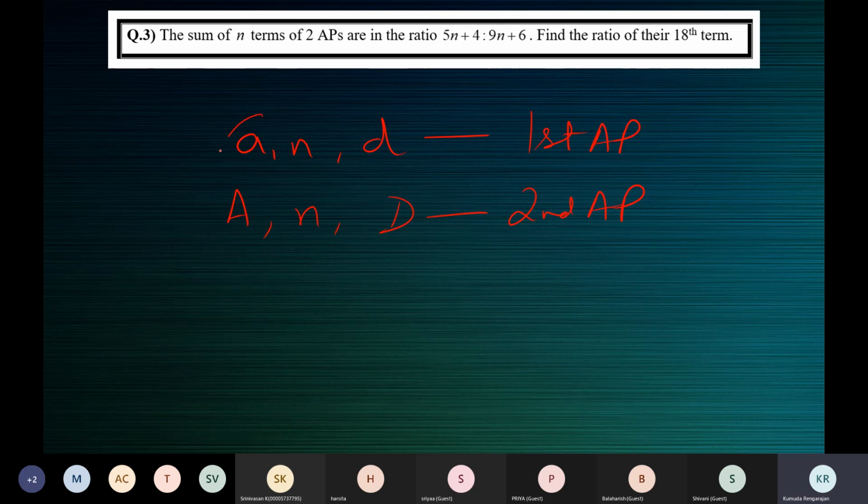There are two different APs, so we'll represent their first terms like this. Again, there are two different APs, so let these be their common differences. But in both cases it is a sum to the first n terms, so n is the same in both.